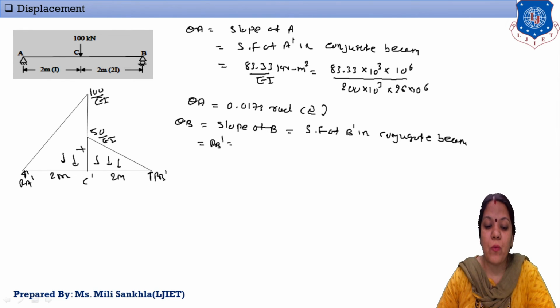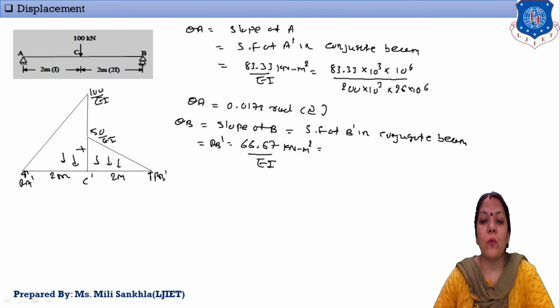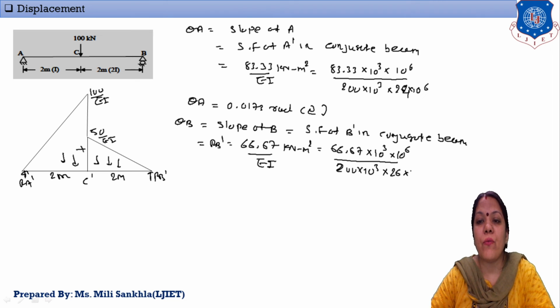The value of this RB dash we found is 66.67 divided by EI, and the numerator is given in kilonewton into meter square. 66.67, 1 kilonewton is 10 raised to 3, meter square is 10 raised to 6, divided by 200 into 10 raised to 3 and 24 into 10 raised to 6.